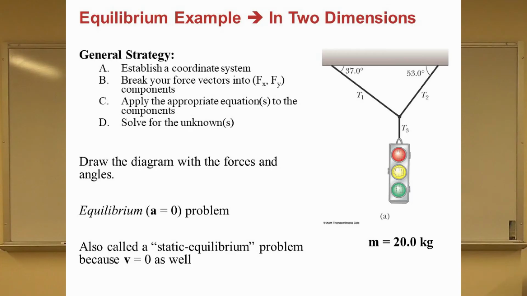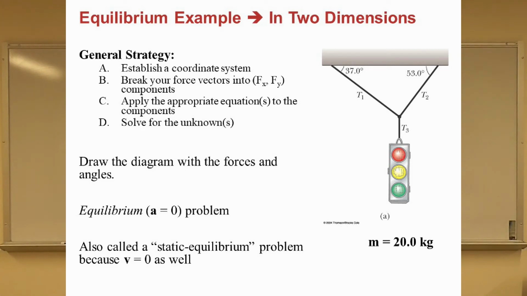There's one example here that I really do like. In the slides, you'll see a nice example of thinking about how we hang a traffic light in a goofy fashion. In this slide we have the physical picture and a strategy outlined. We're going to establish a coordinate system, I'll show you on the next slide.